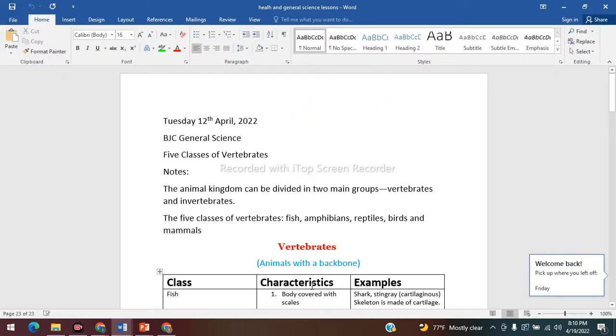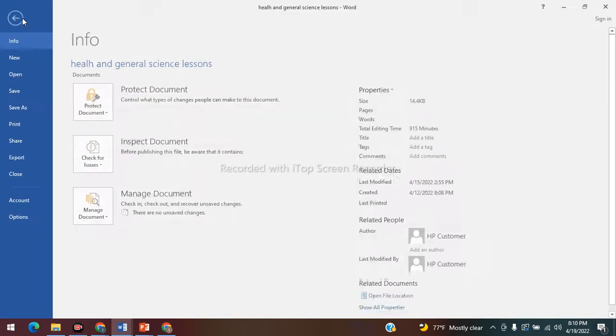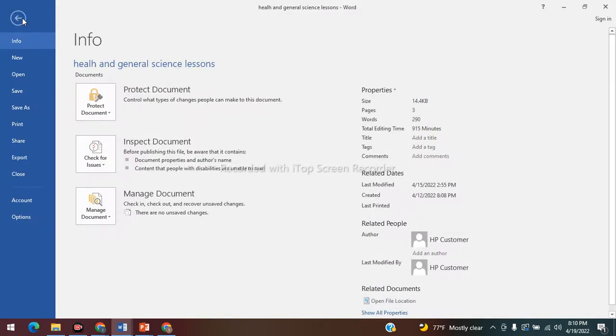And then we said, as I showed on the notes from last time, that there are how many classes of vertebrates? How many classes of vertebrates do we have?